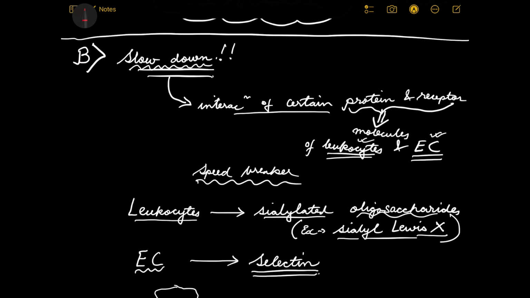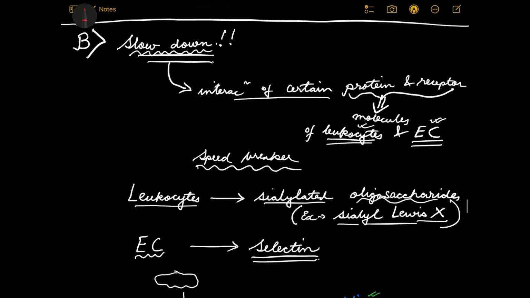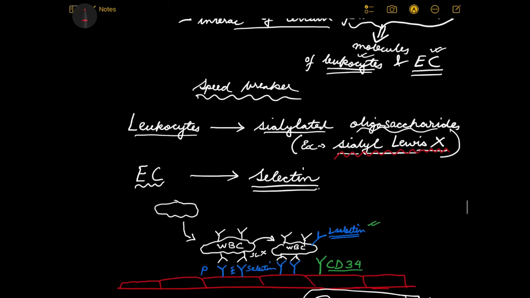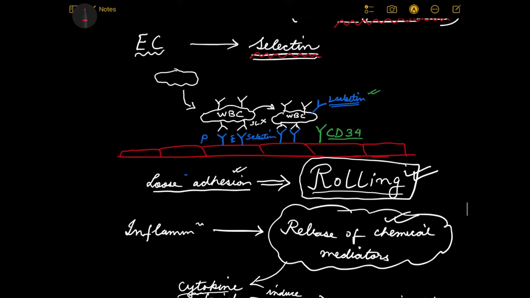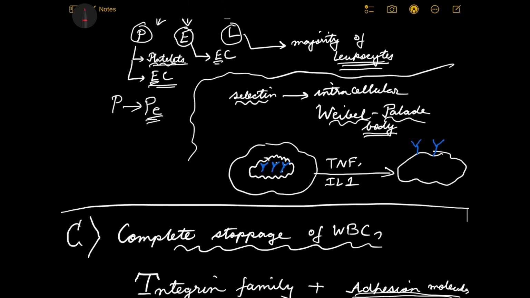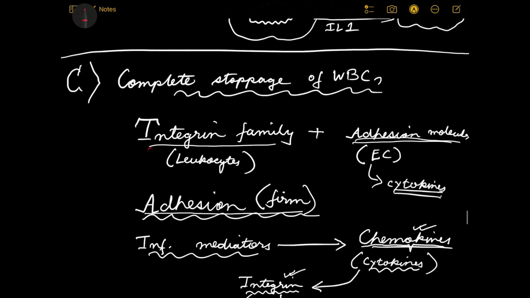What are they? They were, for example, sialyl Lewis X or selectin, and also we had integrins. So what exactly were these molecules doing?